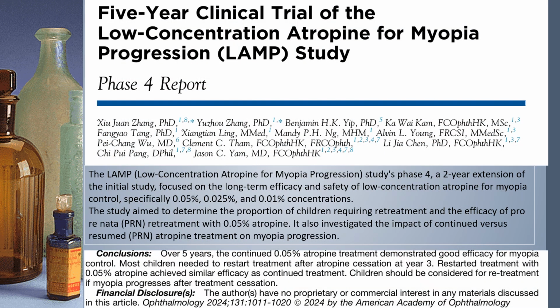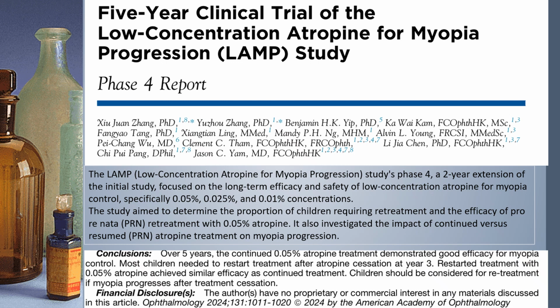The most important part of the phase 3 report was that you can continue it for a longer time. And phase 4, so this was a 2-year extension to the initial study, that was LAMP 1, and this was published last year. The study was obviously to determine the proportion of children requiring retreatment.